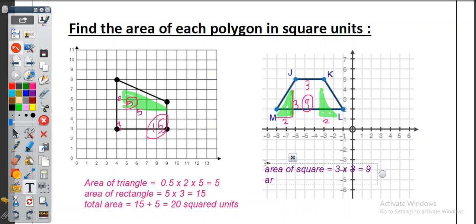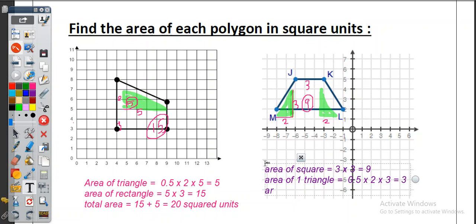Now the area of one triangle equals half times the base, which is 2, times the height, 3.